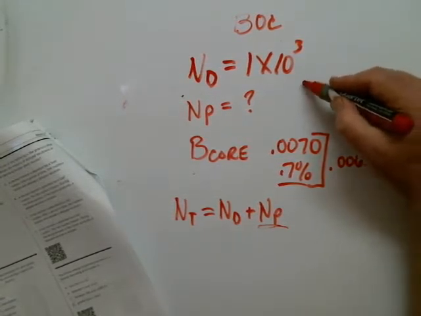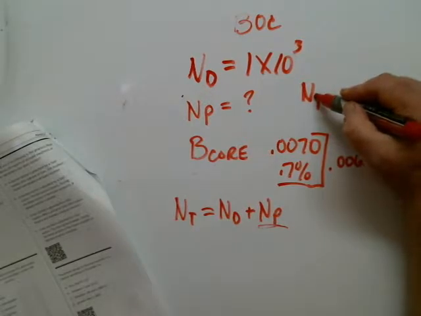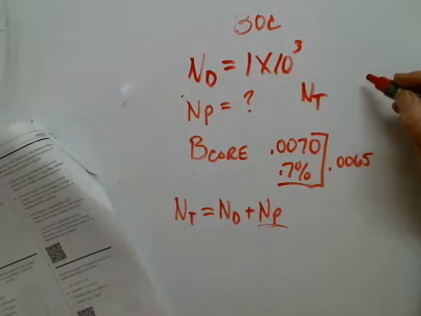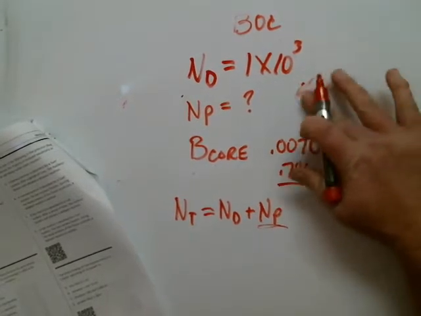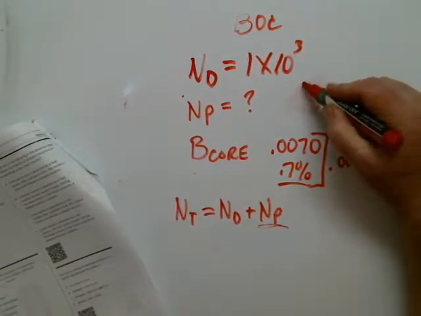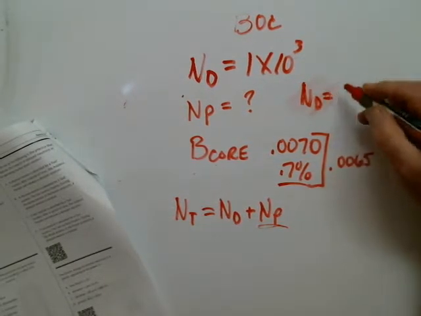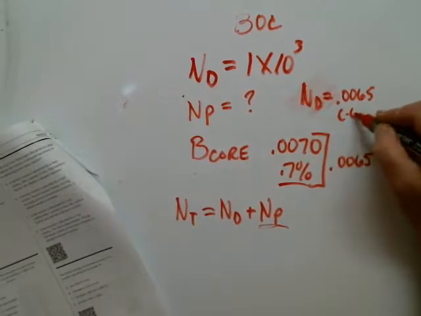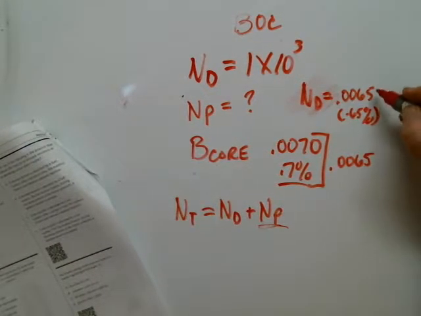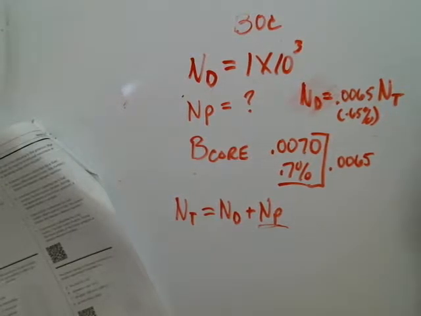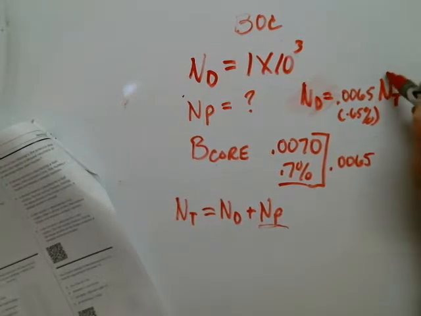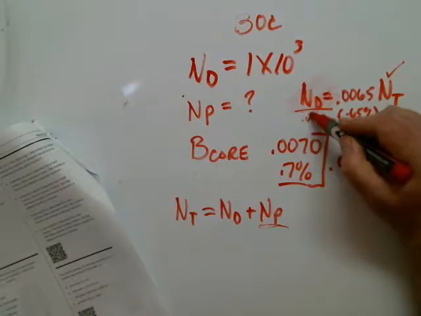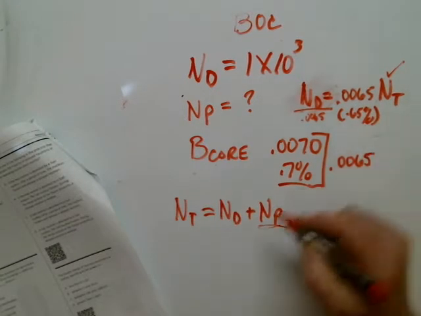If the total neutron population is equal to delayed plus prompt, and I know that the delayed population is equal to 0.0065, which is 0.65%, times the total neutron population. So then I can find out the total by dividing the delayed by 0.0065. So we're going to do that.